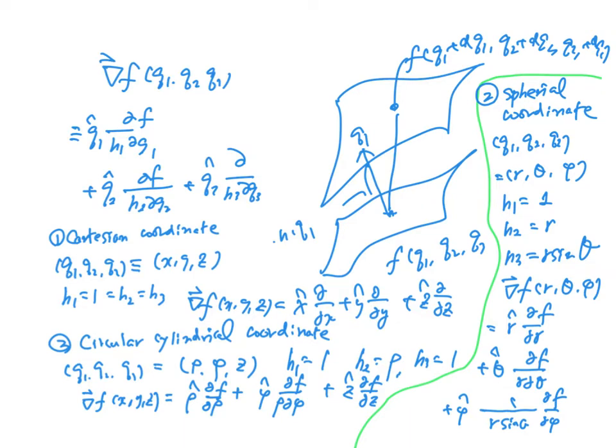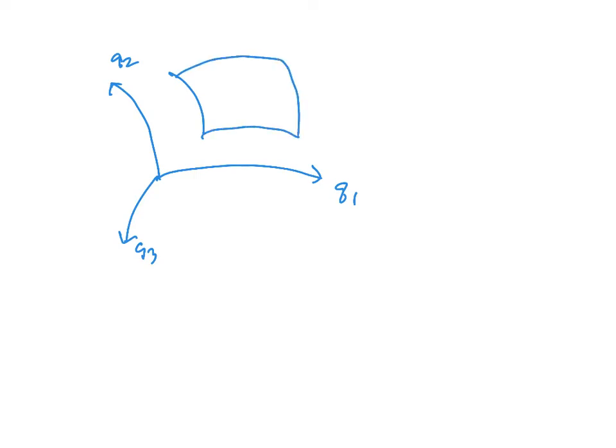The curl is like a closed loop integral. Say Q1, Q2, Q3, and let's say the center is Q1, Q2, Q3.